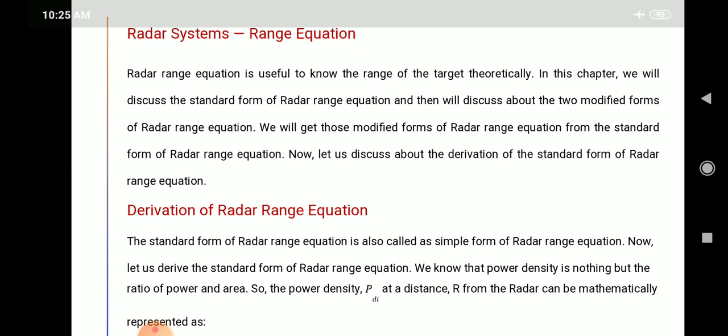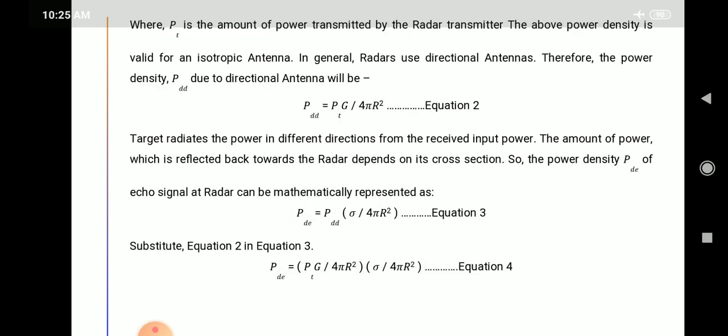Now it is the derivation of the radar range equation. The standard form of the radar range equation is also called the simple form. Let us derive it. We know that power density is the ratio of power and area. So the power density PDI at distance r from the radar is given by PT upon 4 pi r square, where PT is the power transmitted by the radar transmitter.